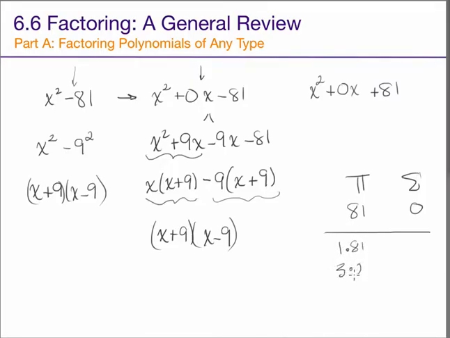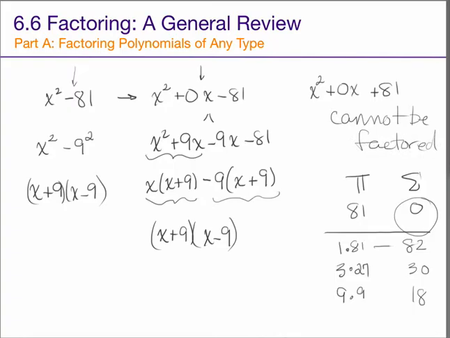What are the different ways that I can write positive 81 as a product of two numbers? That's it. The next one on the list would be 27 times 3, and I already have that here. When I add these together, I get 82, 30, and 18. None of these is 0, so this cannot be factored.